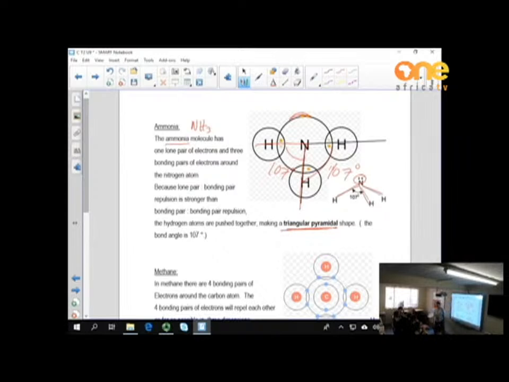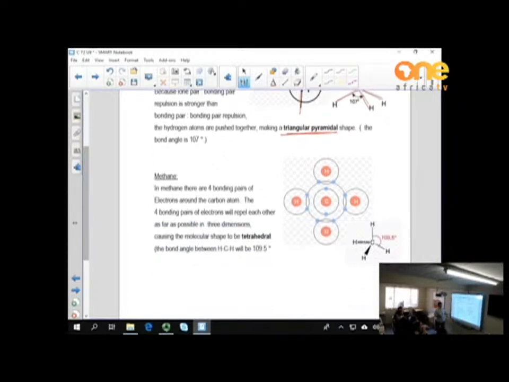It is a pyramidal shape. Then methane is probably the easiest one to explain of the lot. Are there any single pairs of electrons? No. We have 4 sets of bonding pairs. There's one set, there's another set, and another set. And we find now that the repulsion between these pairs is fairly weak, but it is the same in 3 dimensions.